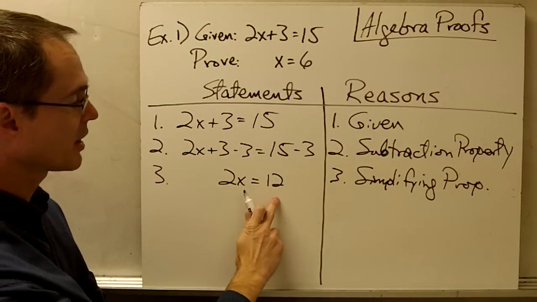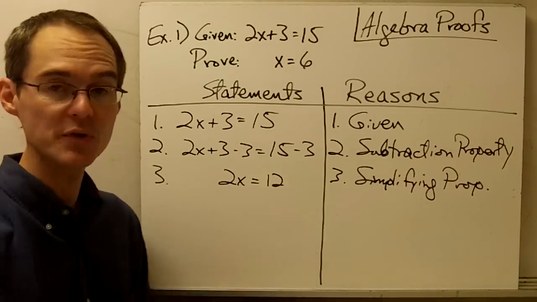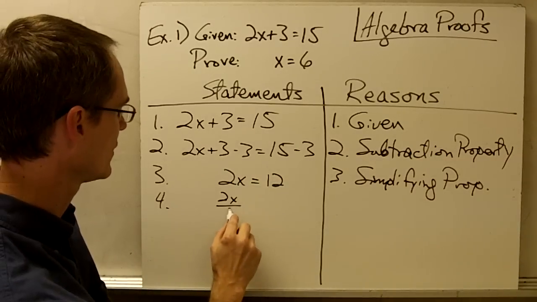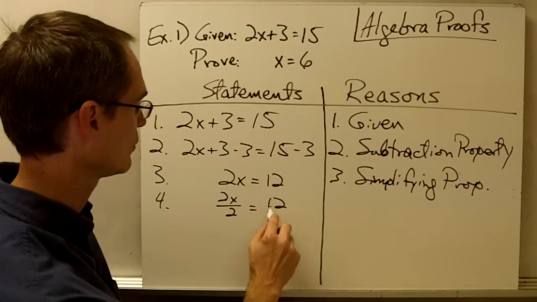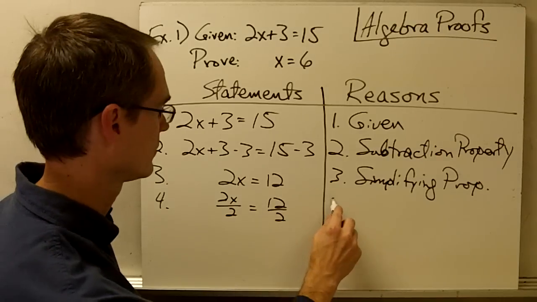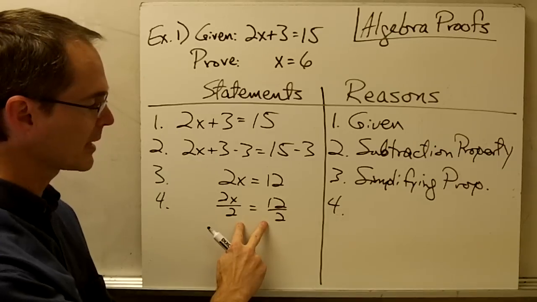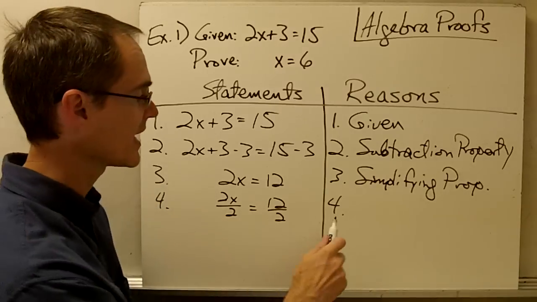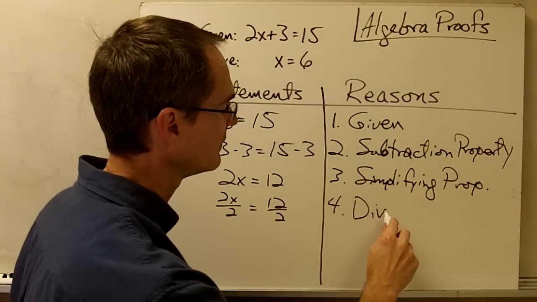My next step in solving this equation, I want to divide both sides of my equation by 2. So I would write 2x divided by 2 equals 12 divided by 2. My reason for being able to do this, I know I can always divide both sides of my equation by 2 because that's called the division property.